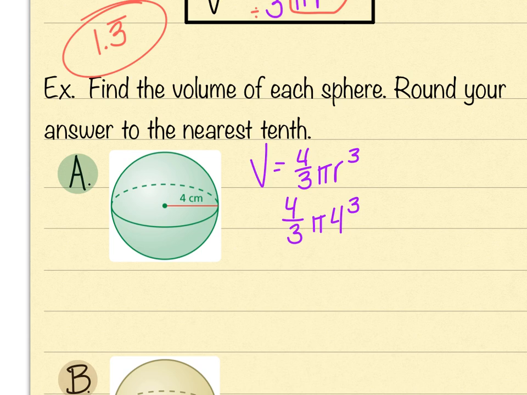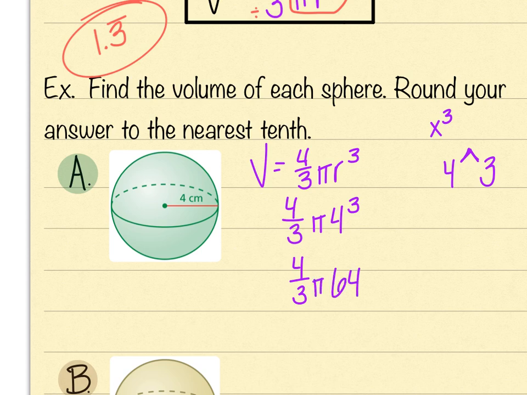If you have a cubed button on your calculator, it would probably look like x to the third power, and it might be a button you have to hit second function for. Some of you might have a little exponent button, and you could type in 4 to the third power, which is 4 times 4 times 4, which is 64. So we get 4/3 pi times 64.